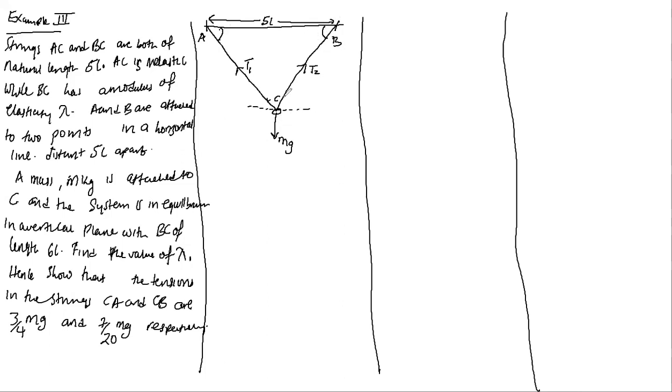So this angle here is alpha. This one here is theta. Why is it so? It's because CB has extended while AC has not extended.